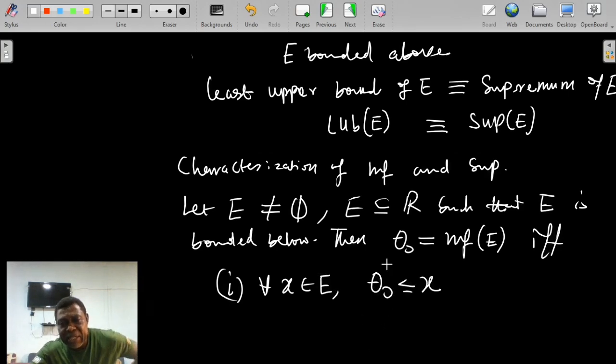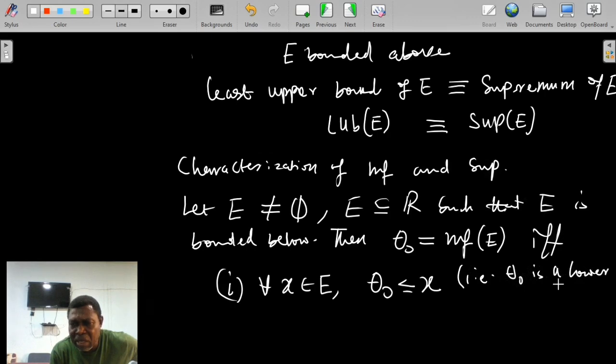That is to say that theta naught is a lower bound. So the first thing that should be satisfied is that theta naught is a lower bound.